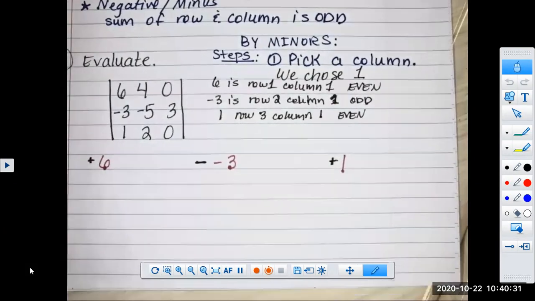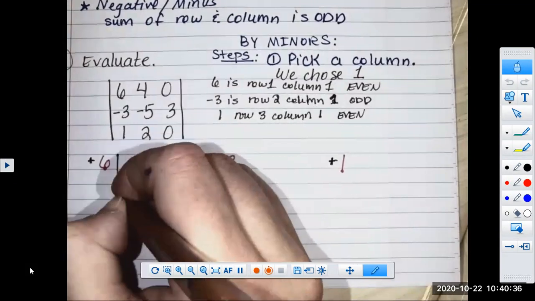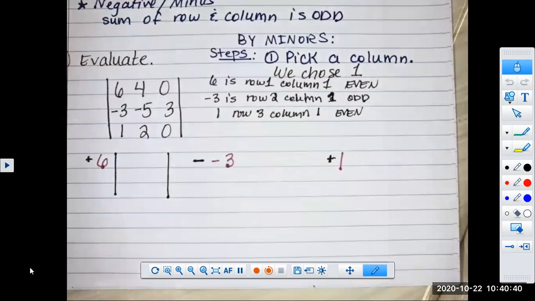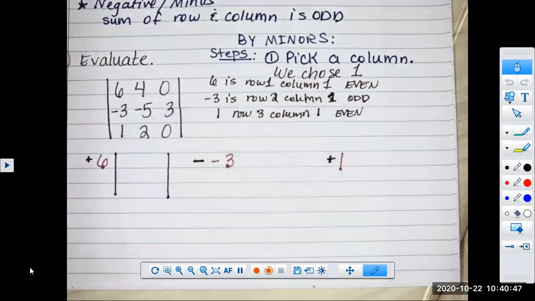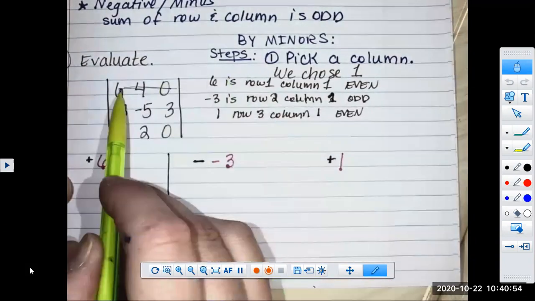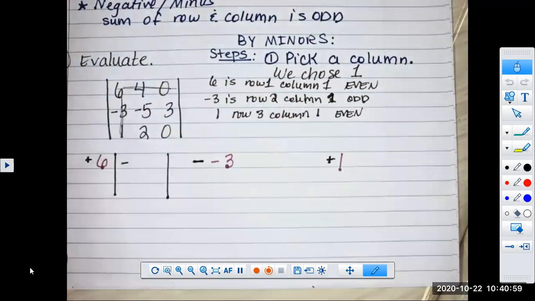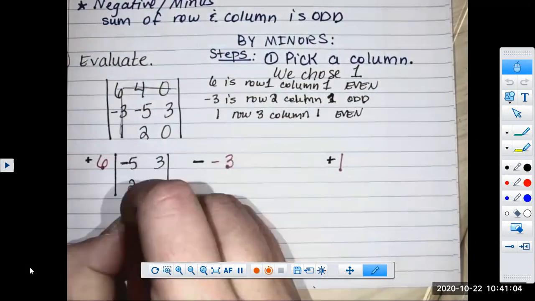Then what you're going to do from this point is you say positive 6 times the determinant that is left. Like when I delete this row and this column, I'm going to delete that row and that column that contains 6. And I'm left with -5, 3, 2, and 0.